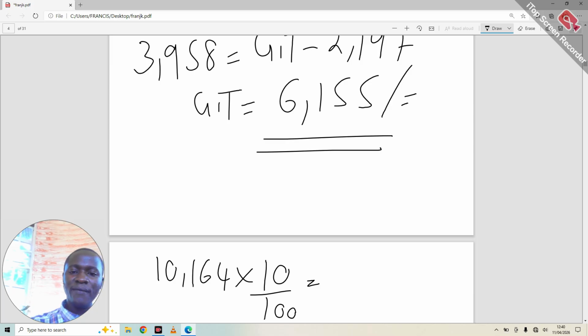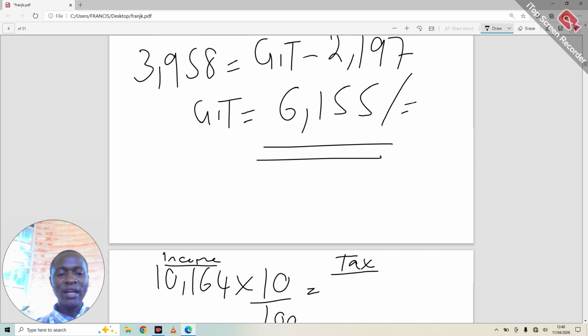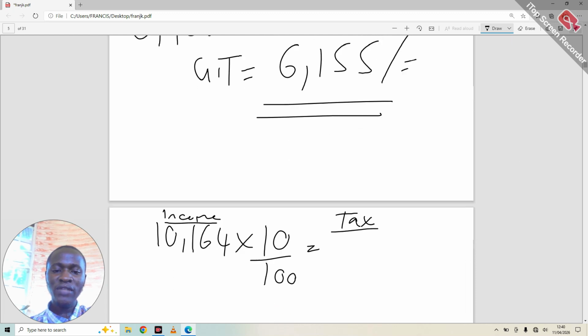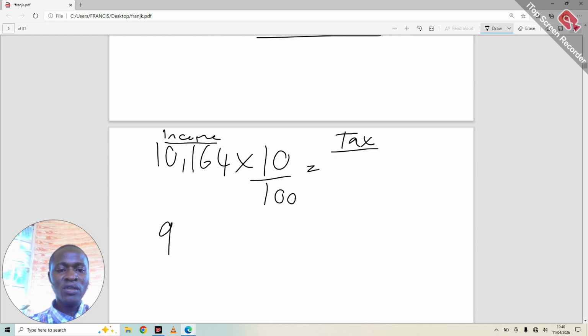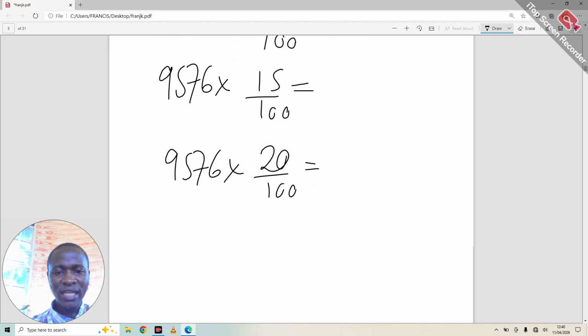This part is tax, and this part is income, or the taxable income. So having 19,740 minus 10,164 is 9,576. So 9,576 multiplied by what? 15 over 100 equals what? We shall have the answer later. Again, if we subtract that, we shall get 9,576 multiplied by 20 all over 100. We shall have our answer later.